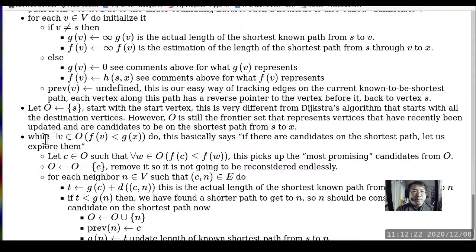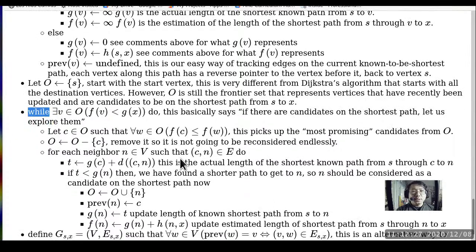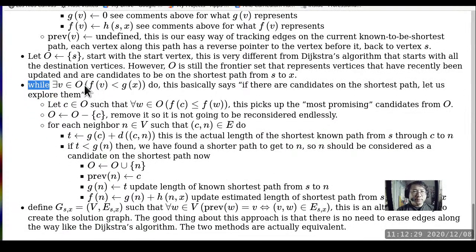And the algorithm, the actual loop starts here. And you can see the loop is also a little bit different because the condition of the loop is not just to say, hey, if O is empty, then we are good, okay? It is a little bit more complex than that. The loop is saying if there exists at least one V in O, the set, such that blah, blah, blah.